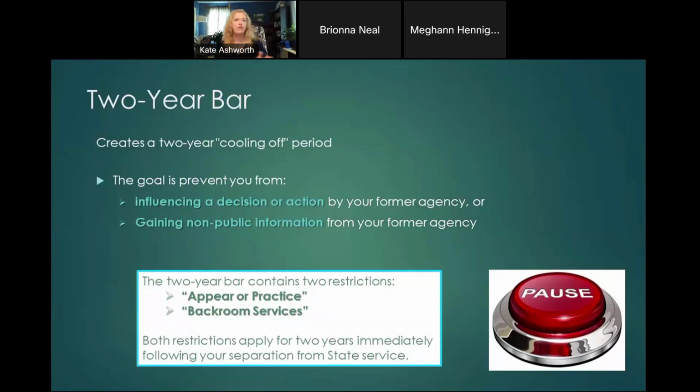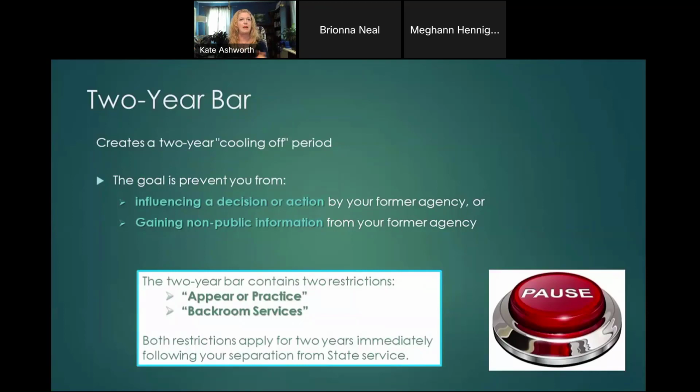So that's the goal for this legislation. Now, this 2-year bar has 2 specific types of restrictions, but they're really 2 sides of the same coin. There's the appear and practice prohibition and the backroom services prohibition. And just note that this 2-year cooling off period begins when the employee leaves their agency, not when they join their state job.